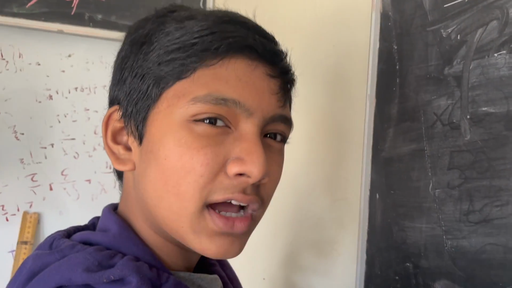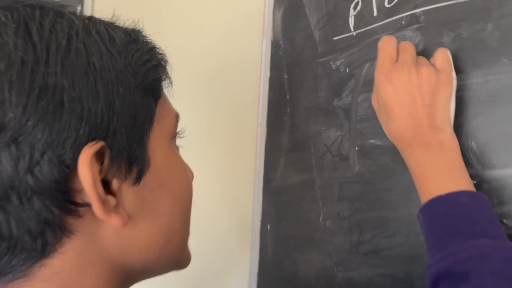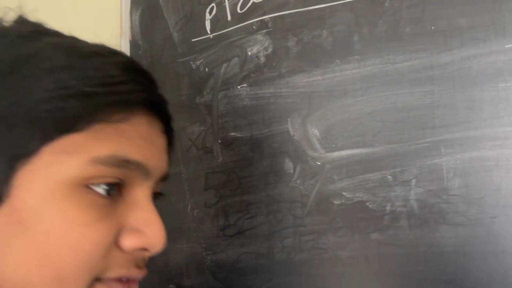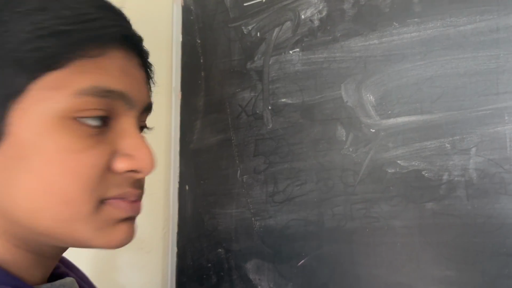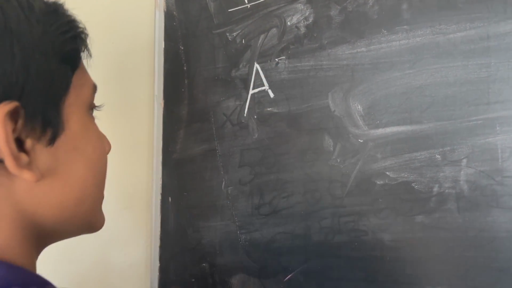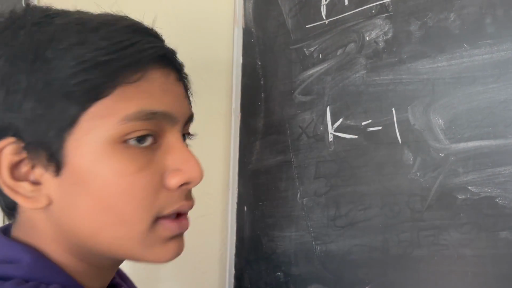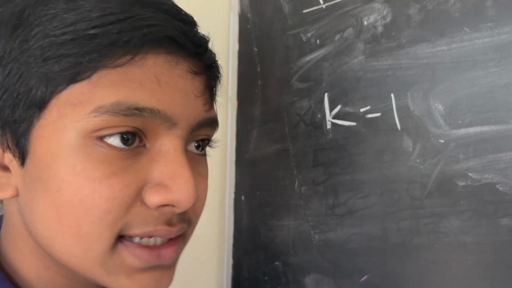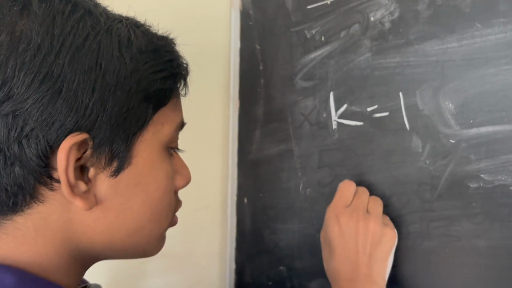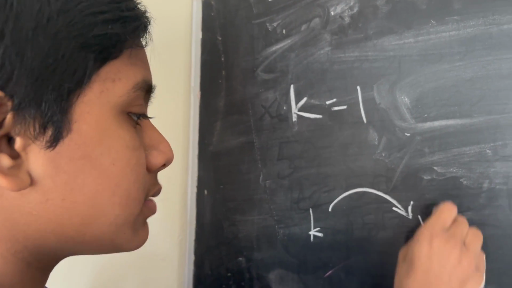So what is induction, actually? Well, induction basically says, first, let's see if it's true for one specific example. So let's say it's true for k equals 1, for example. Then induction says, well, now let's assume it's true for k and prove that it's true for k plus 1.